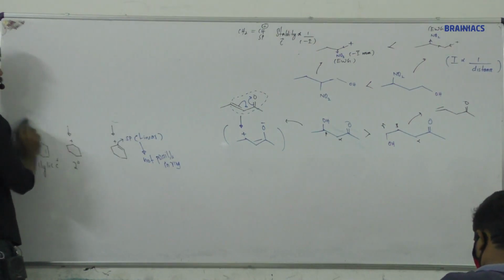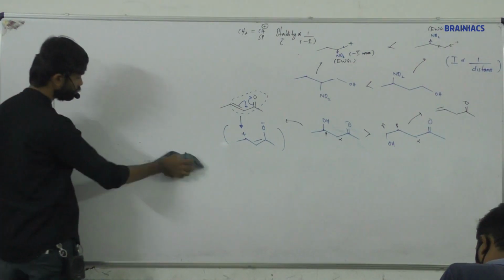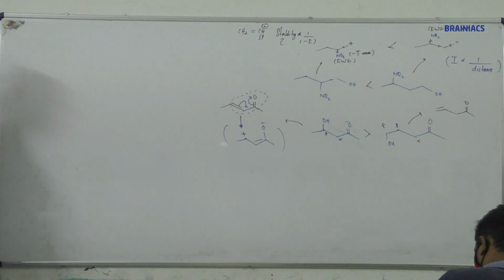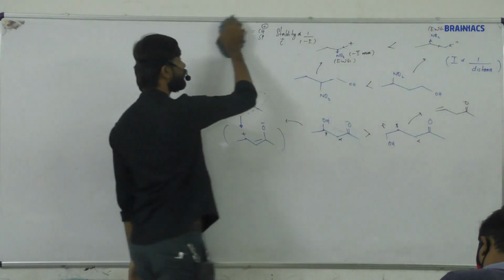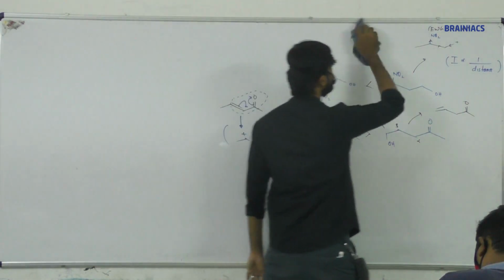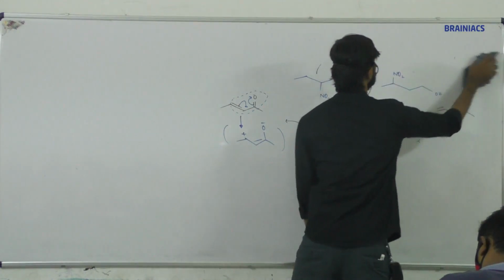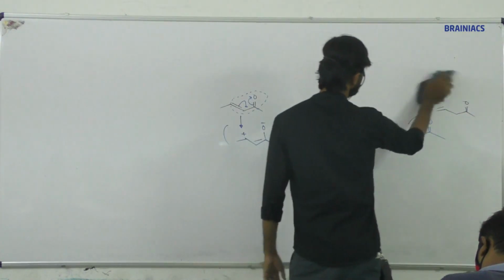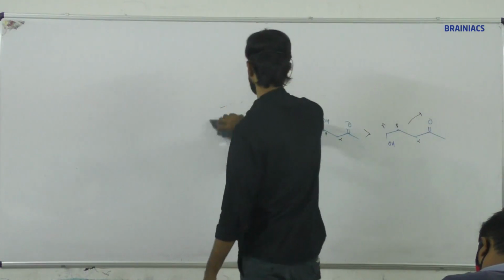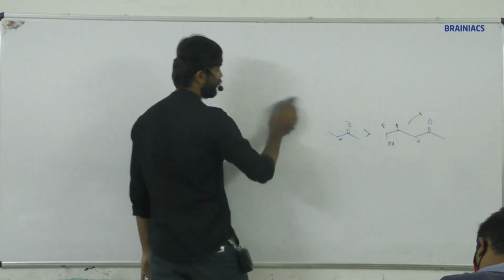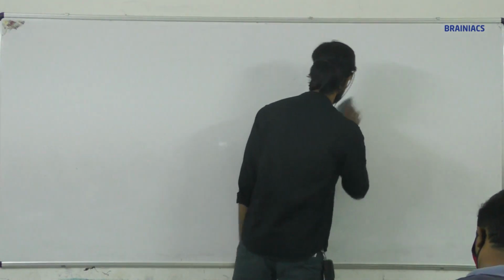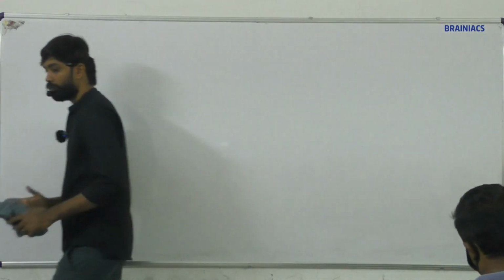Moving to the last method of preparation of alkene, but that's also important: dehalogenation of vicinal dihalide.